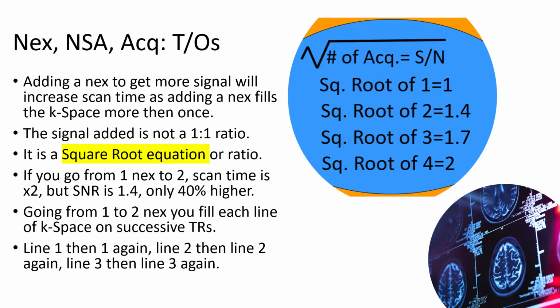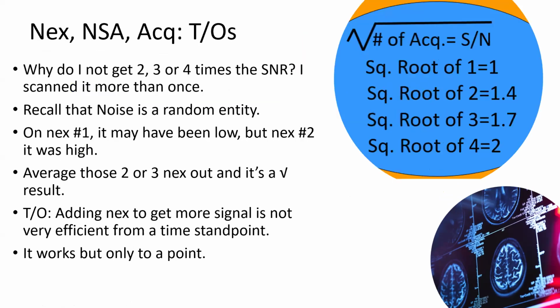Now, if I'm going to fill my K-space twice, why don't I get twice the signal to noise? Because don't forget, noise is random.